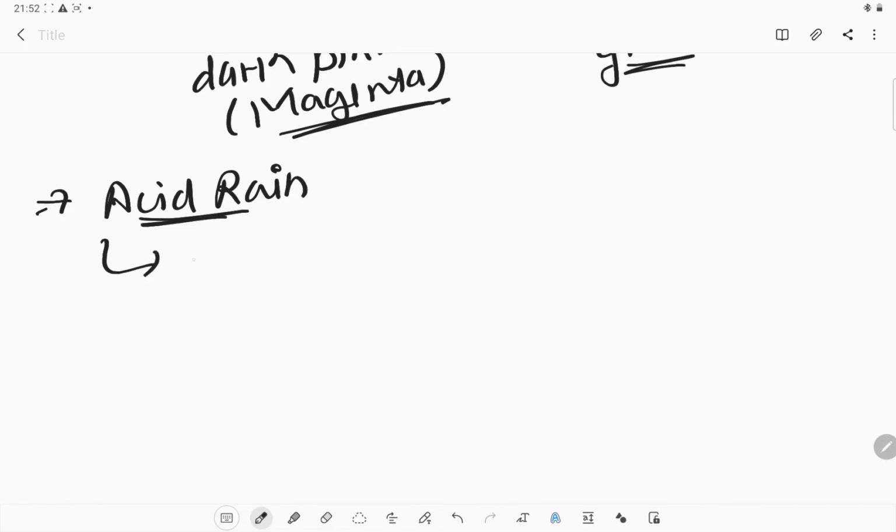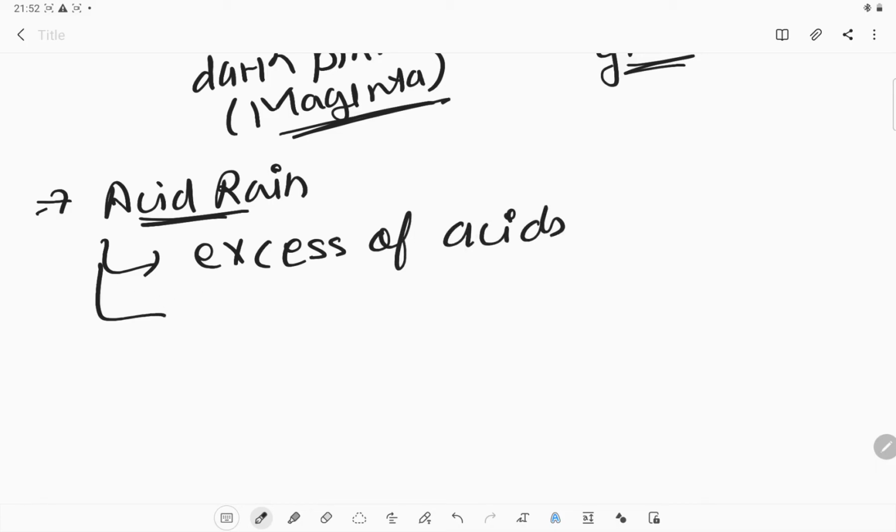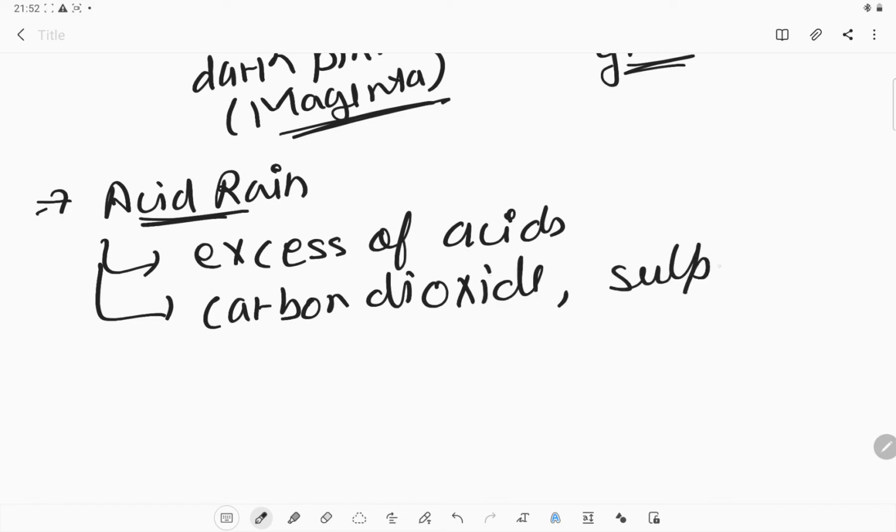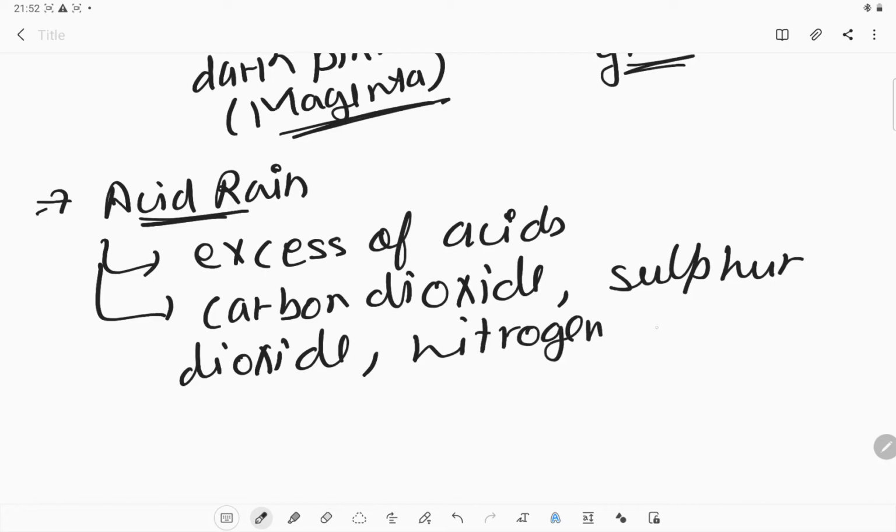Acid rain contains excess of acid in it. That's why we are calling it acid rain. Rain becomes acidic because of carbon dioxide, sulfur dioxide, or nitrogen dioxide which are present in pollution.